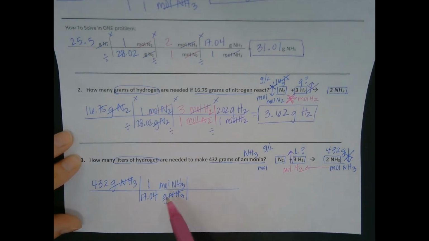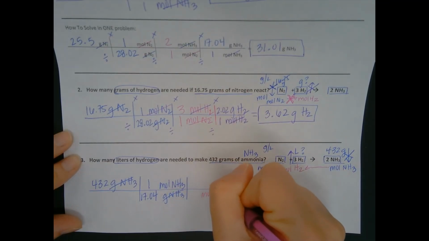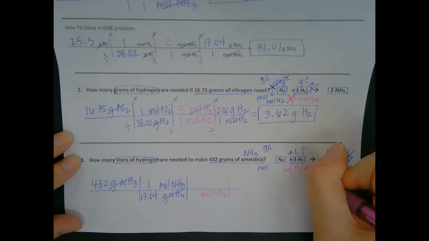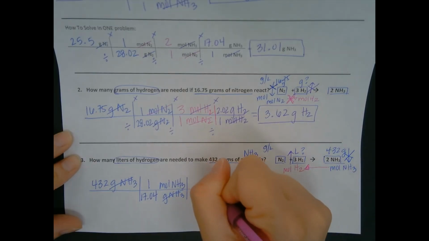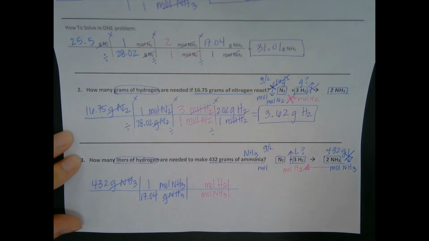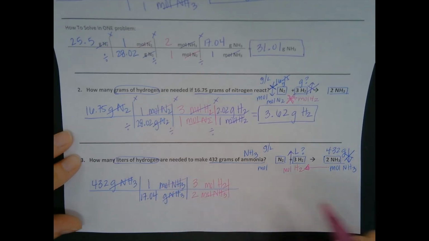Okay, second one, I'm going to drop my units down so they cancel. What am I trying to get to? What's the arrow pointing to? Moles of H2. So I know I use the mole ratio to get from moles to moles. So what's the numbers on the top? 3 over 2. Mole NH3, mole NH3 cancel. I'm done with the second arrow.